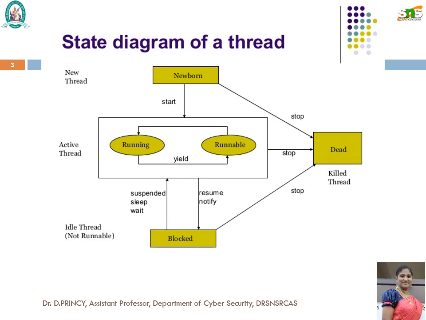From all the three states, newborn state, active thread or idle thread, if you want to kill the thread or move the thread to the dead state, we can use the stop method. Once the thread moves to the dead state, it is not able to continue, it is not able to be reborn.